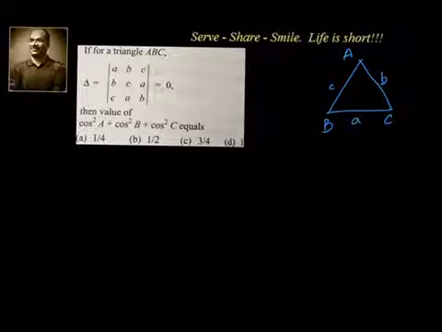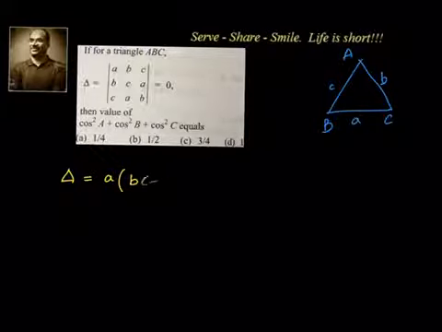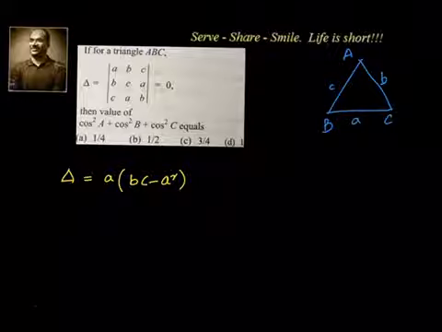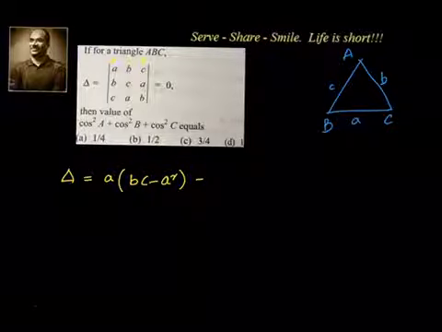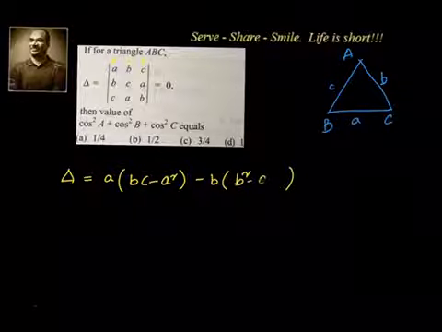We directly do the expansion with the first row. So I'll write determinant equal to A into BC minus A square. Next, the second element, that is A12, the sign is minus, since the signs go plus, minus, plus, so minus B into, we eliminate that row and that column, so we get B square minus AC.